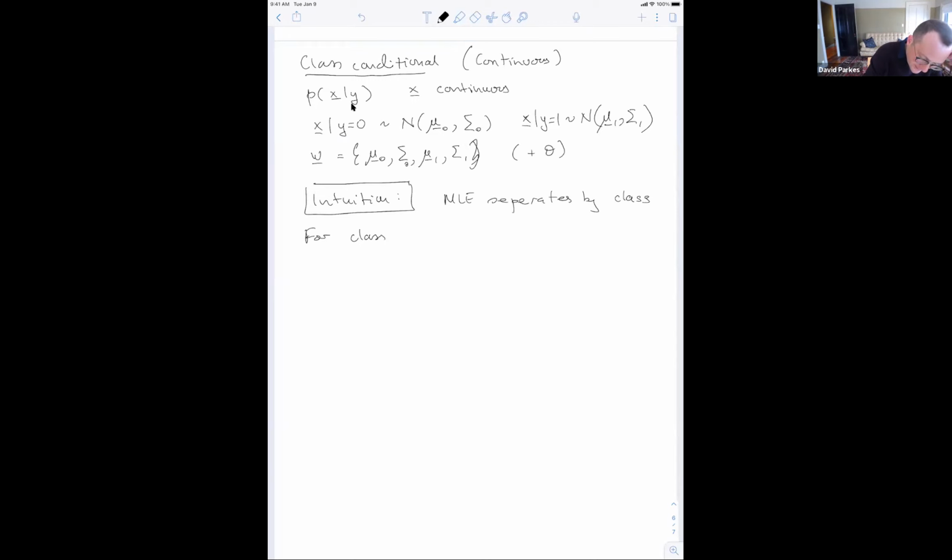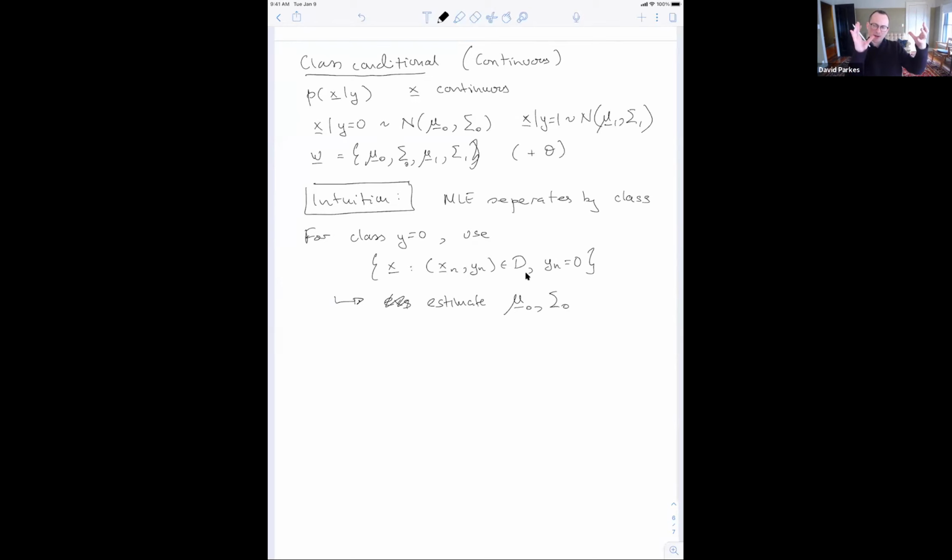For class 0, use the following data: use all of the x's that have y_n equal to 0. And then from that, estimate the mean and the covariance.